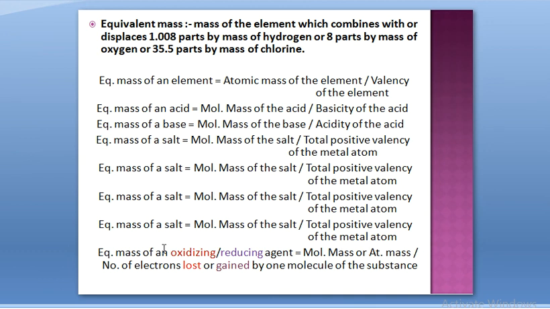If you are taking atomic mass of the oxidizing agent, you will divide it by the number of electrons lost by one molecule of the substance. If you are taking atomic mass of the reducing agent, you will divide it by the number of electrons gained by one molecule of the substance. We have more terms, but this will be a bigger file. We'll do those concentration terms in next presentation. Okay.